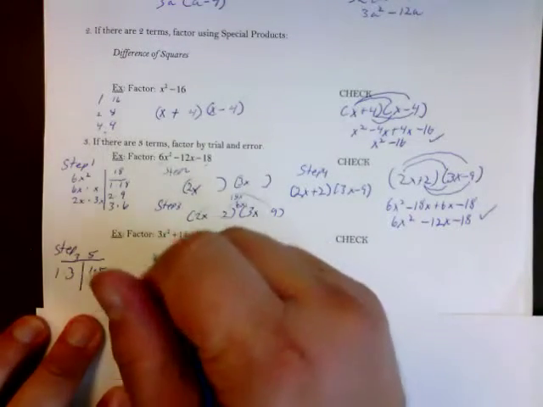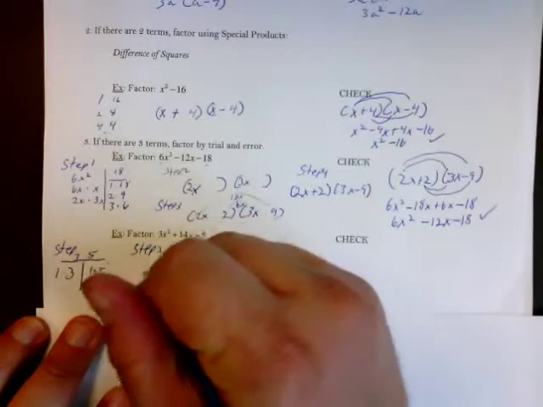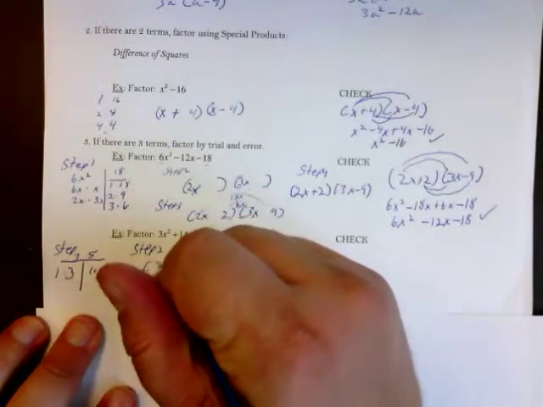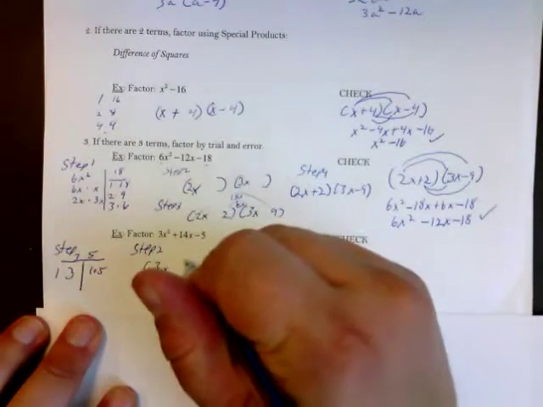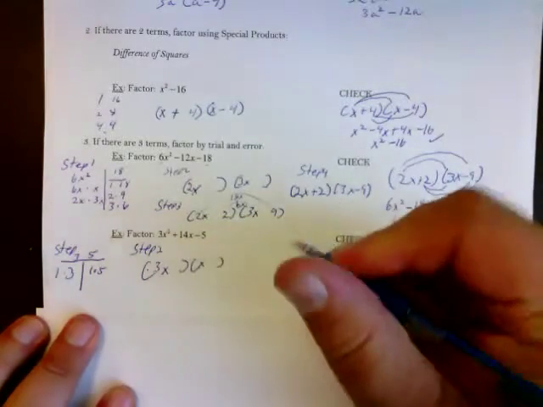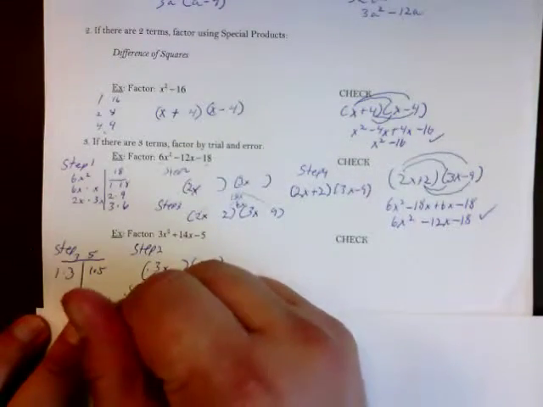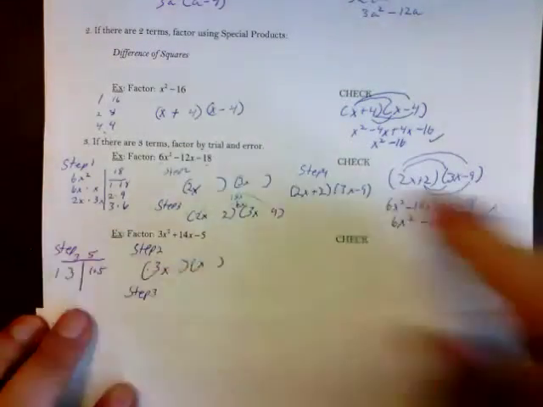So it makes this a little easier to do step 2. And we know there's going to have to be a 3x, and that's going to force the other one to be a regular x, or a lone x, followed by step 3.